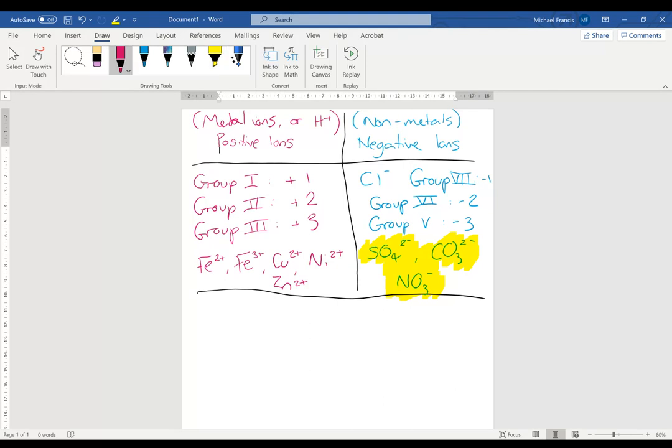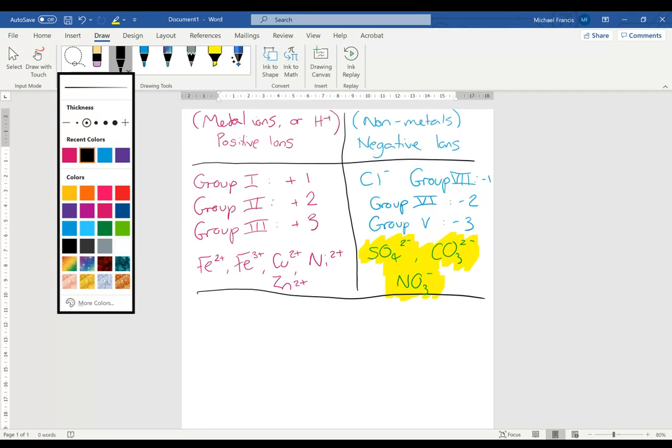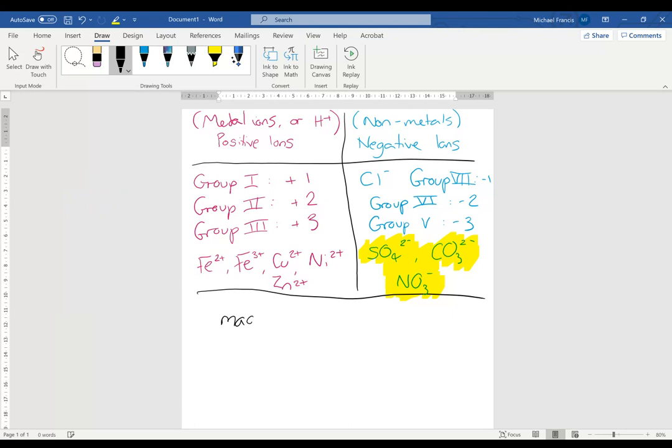Okay, so when we get the name of a compound, for example, magnesium chloride, in order to write the formula of magnesium chloride, we have to think about the charges of its ions. Okay. So the magnesium part, magnesium is in group 2 of your periodic table, and therefore it's going to have a charge of +2.